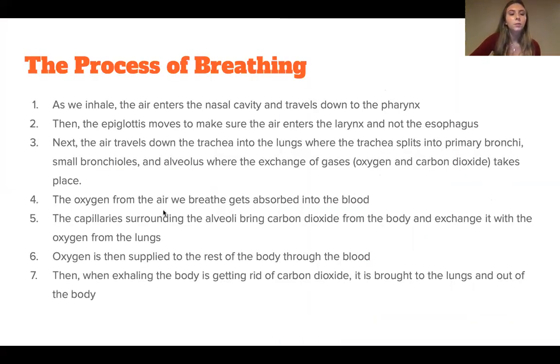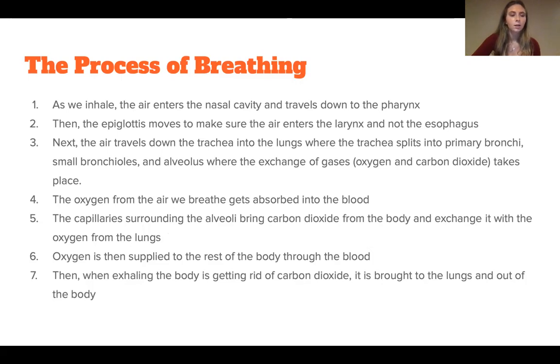So the oxygen from the air we breathe gets absorbed into the blood. And around the alveoli, the smallest part, there are little things called capillaries. And they bring the carbon dioxide from the body and exchange it with the oxygen from the lungs. The oxygen is then supplied to the rest of the body through blood.